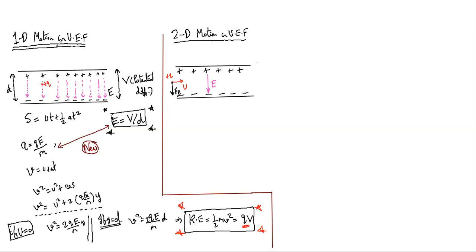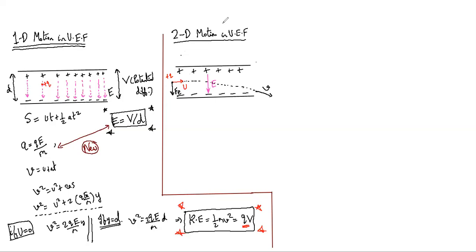So now, basically, we need to find out what is the path of this charge. The charge कैसे move करेगा? If you observe, the charge will move something like this, gradually bending, and from here it will have some final velocity v.